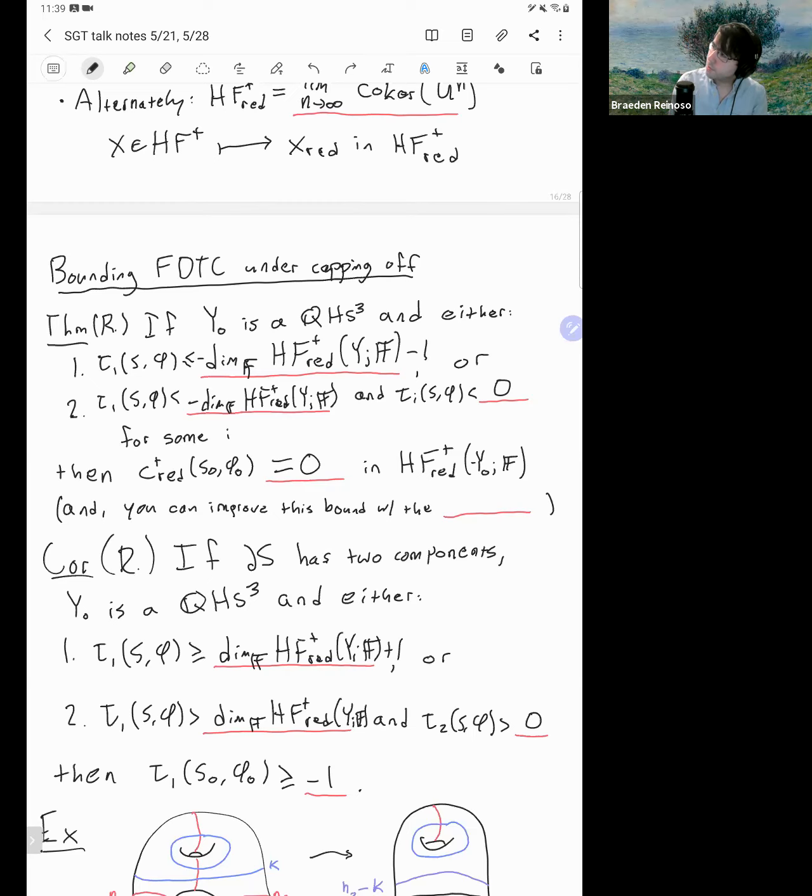I guess if you wanted to know about fractional Dehn twist coefficients telling you something about being Stein fillable, etc., I don't know. Besides the results that I've mentioned a couple times throughout the talk, like if your fractional Dehn twist coefficient is greater than 1, then you have an indefinite filling, and then your reduced contact invariant is non-zero.